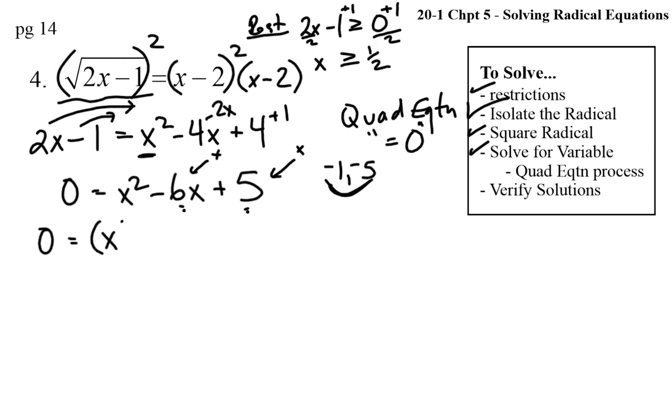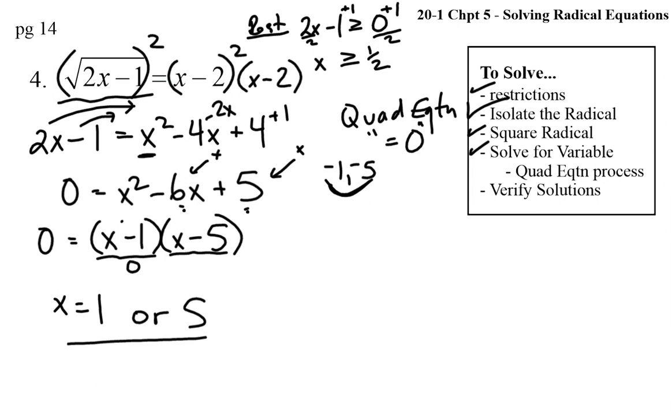So our factored form is x minus 1 times x minus 5, which means in order for this to be 0, x is 1. In order for that to be 0, x would have to be 5. There's the two possibilities. But we have to, as always, verify to make sure there isn't an extraneous solution.